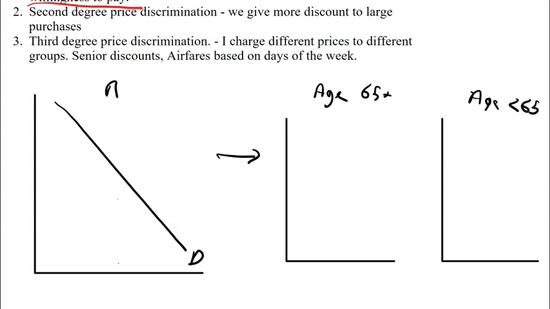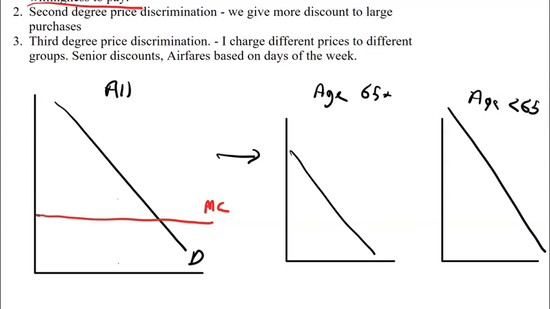So this is the whole market, but I think I should lower the price for older individuals, so they may have a smaller demand curve, and the other group may have a much larger demand curve than them, or vice versa. So this is my marginal cost.